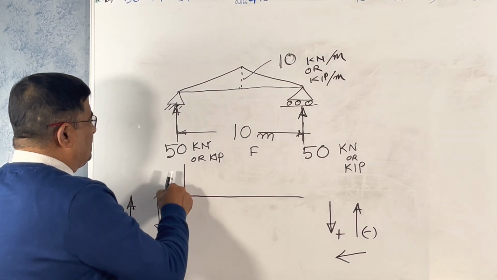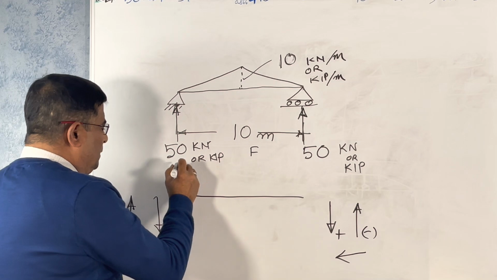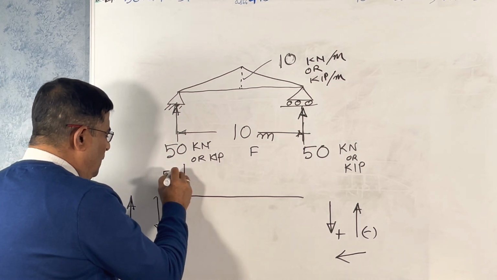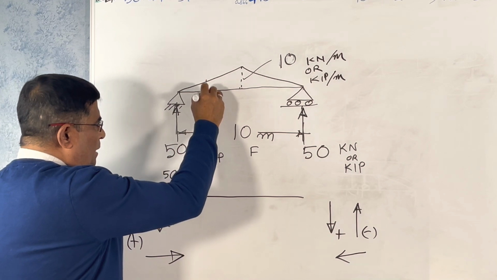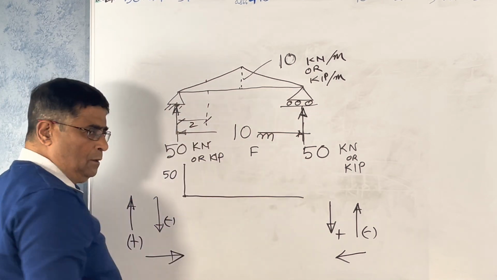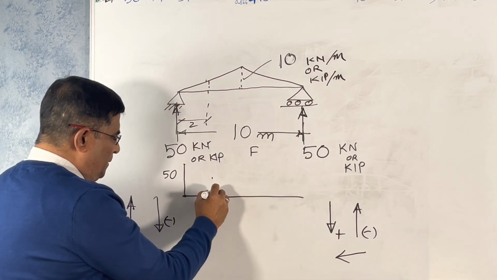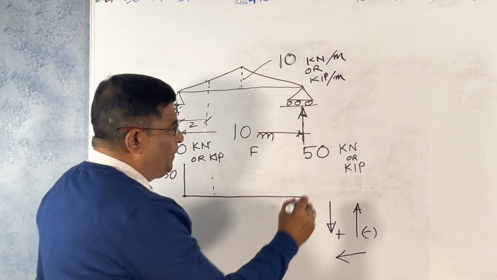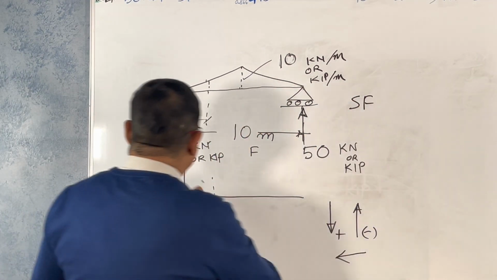Now you are calculating the value from left to right. 50, this is 50 here. Now what is the value at, say, 2 meters? Consider the 2 meter. What is the value at 2 meter? Say somewhere here. The shear force is this force.